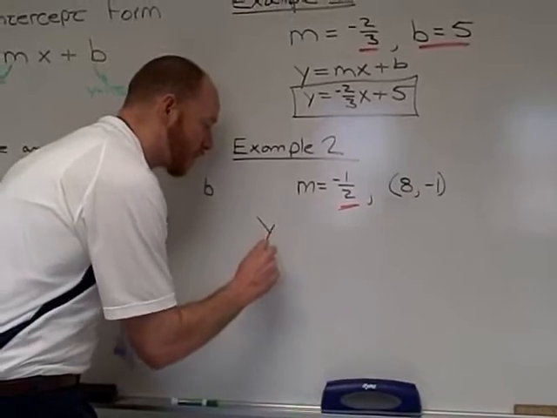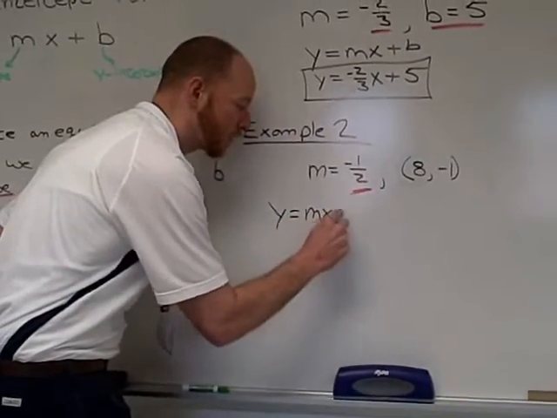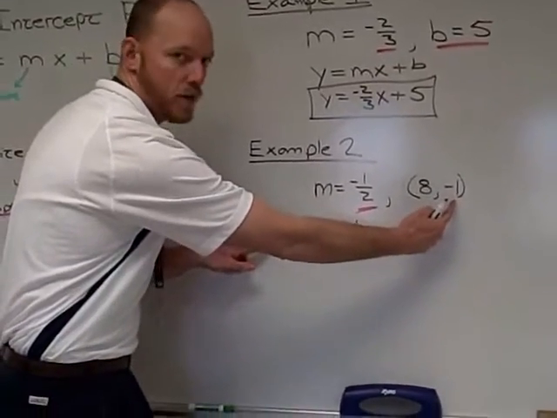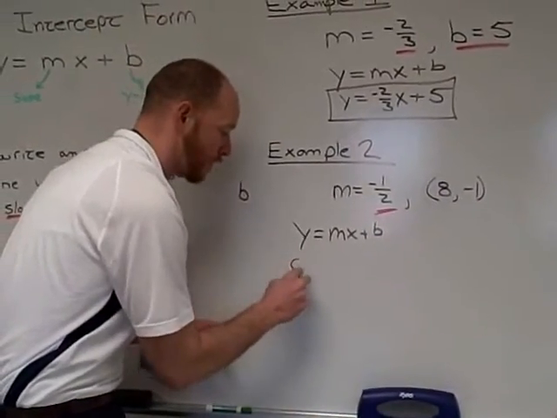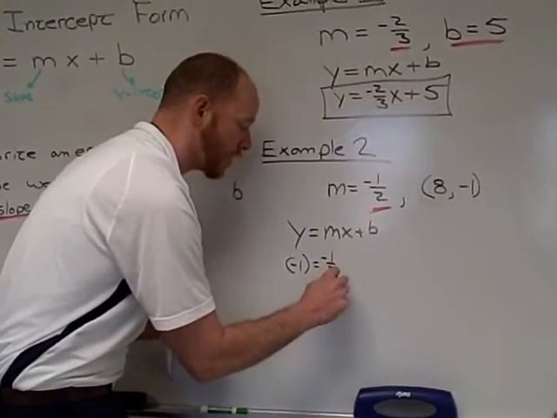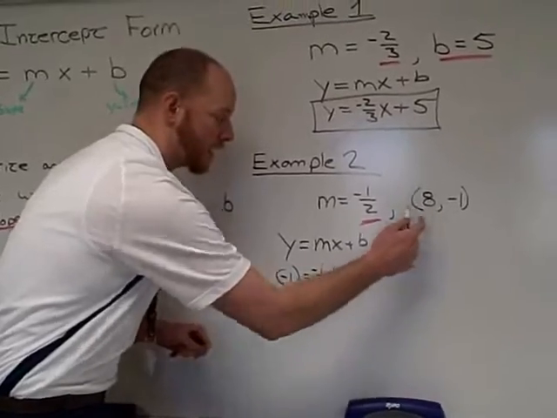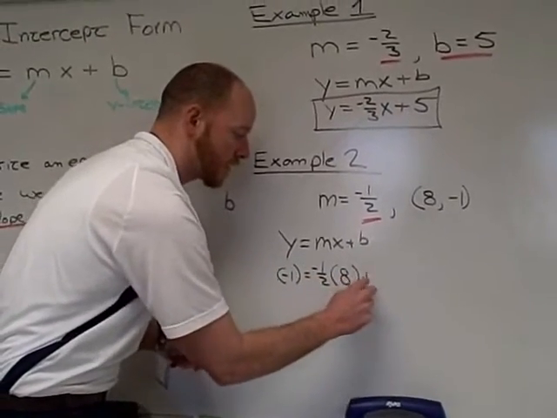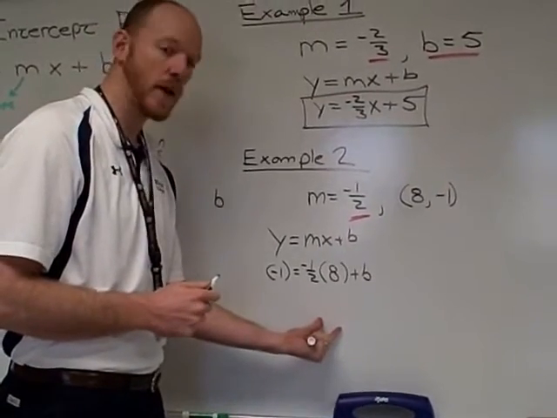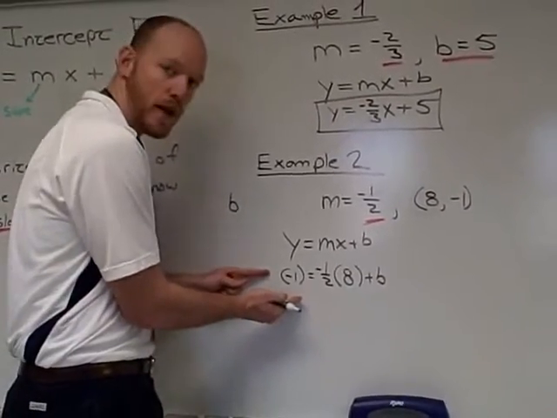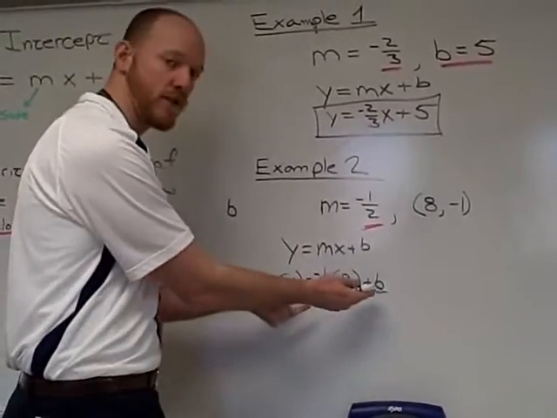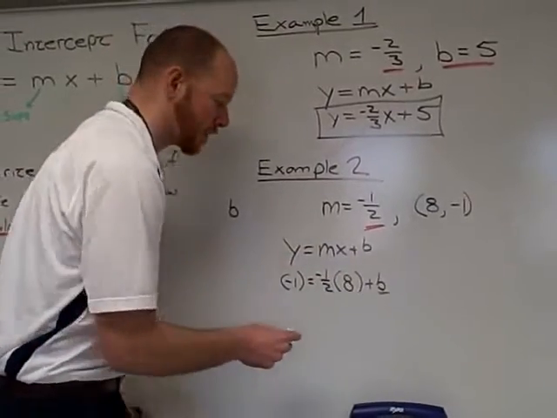If we reference our slope-intercept form, we can take the y value from the point and substitute it in for y. Our slope is negative 1/2, and our x value is 8. By substituting those values into the equation, you see we now have an equation with just the variable b, which means if I solve this, this will give me my y-intercept.